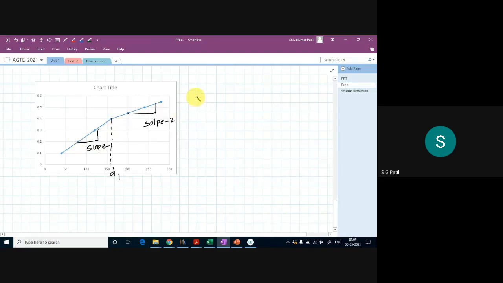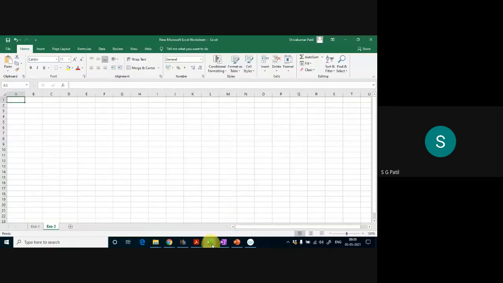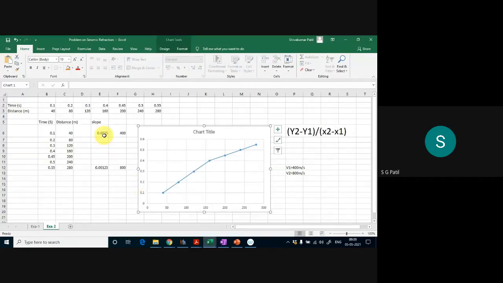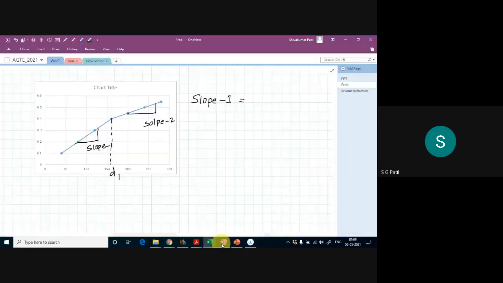So how much slope did I get? The slope of the first line, I got it as 0.0025, and the slope of the second line, 0.00125.